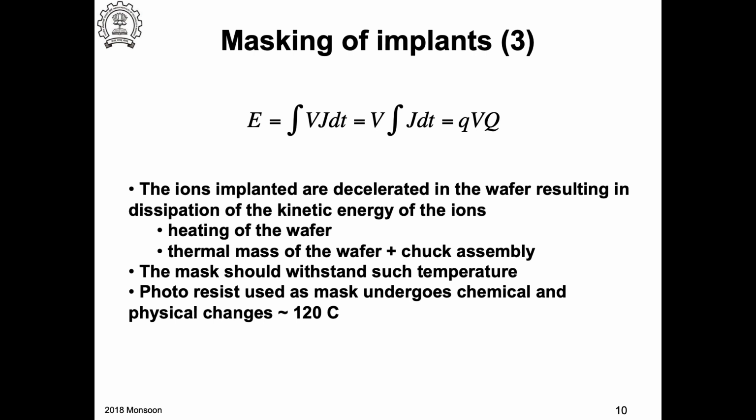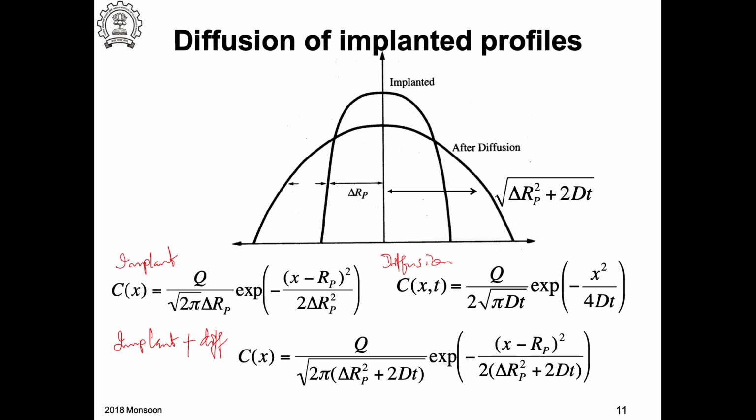Now, once you do the implantation, one of the important facts is that the implant will create damage in the host crystal. So you introduce the dopants, but then you may want to diffuse them further. So you got a profile from the implantation, but you may want to diffuse it further.